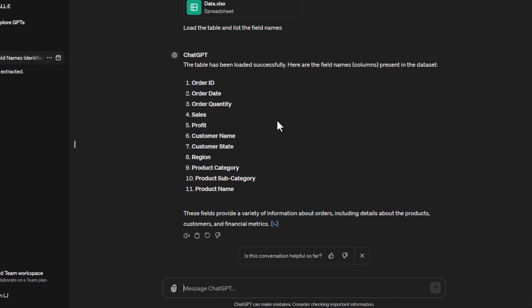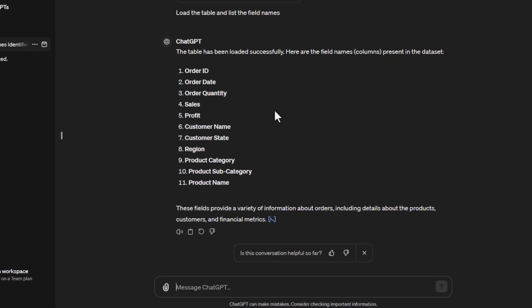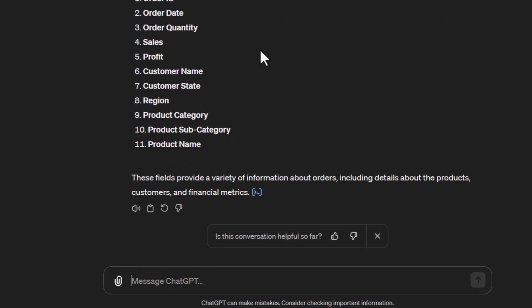Okay, so what we're going to start off with, though, just to show how we can get some calculations for this, we're going to look at the profit by our product subcategory. So we're going to add a calculation for the percentage running total and an index to that. So let's start off with that. So let's look at our product subcategory and we're going to create a table displaying the profit by product subcategory.